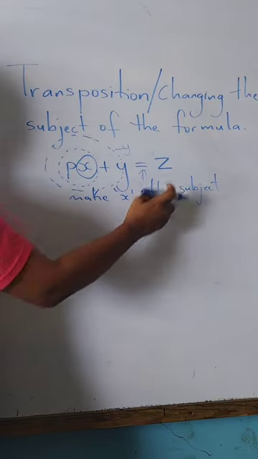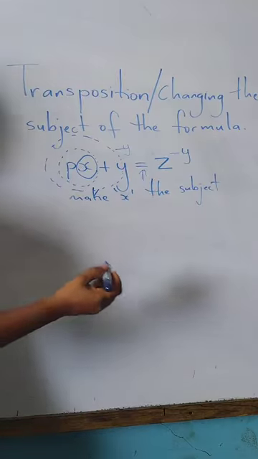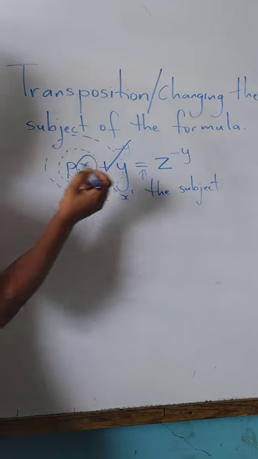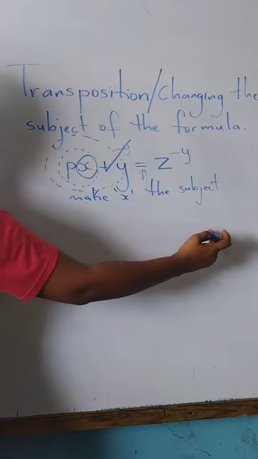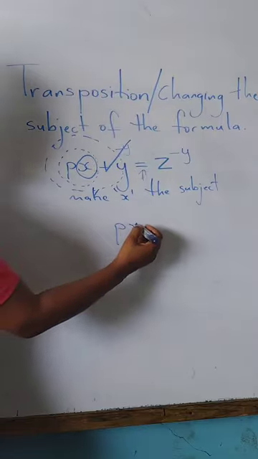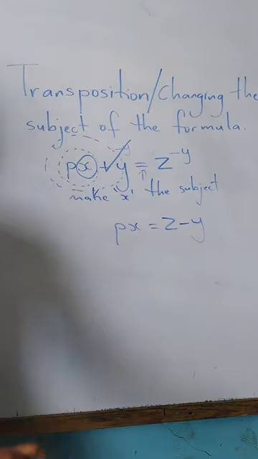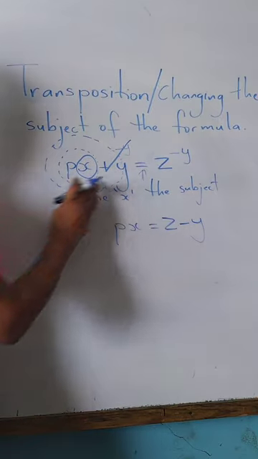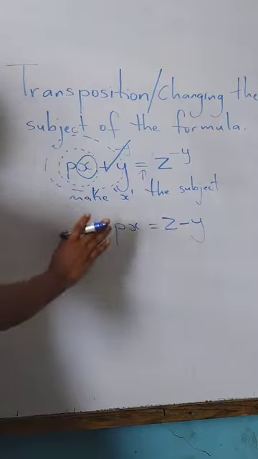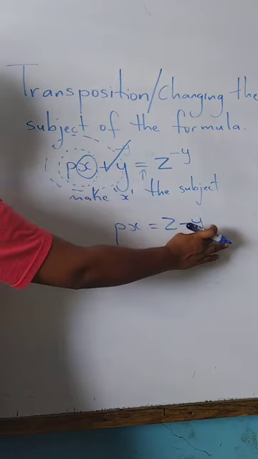So I will also need to subtract y from the other side. Then this ring will be gone, and my next statement will be that px is now equal to z minus y. So y hasn't been eradicated from the statement completely. It has just been moved from one side to the next.